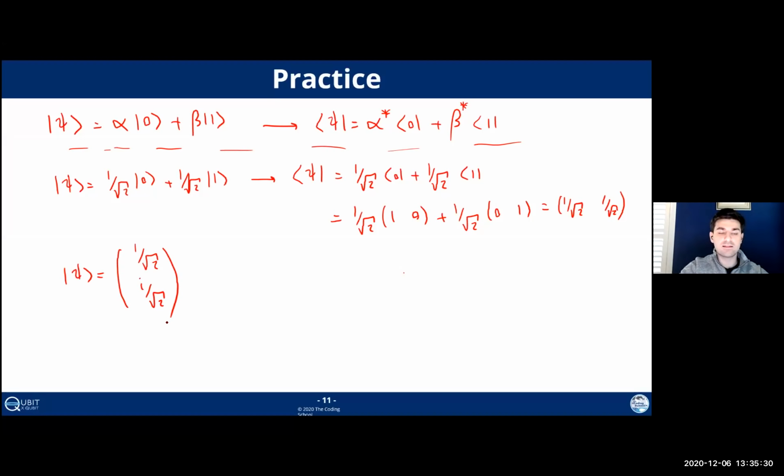So now the state is 1 divided by square root of 2 as a first entry, and then 1 divided by square root of 2 as a second entry. And what I'm going to ask you to do now is to find what the bra of psi is. Again, both in terms of a column vector, or sorry, a row vector in this case, and with the bracket notation. So take 30 more seconds to work on this yourself.